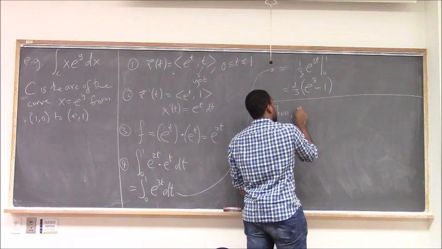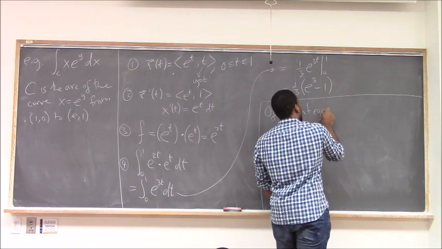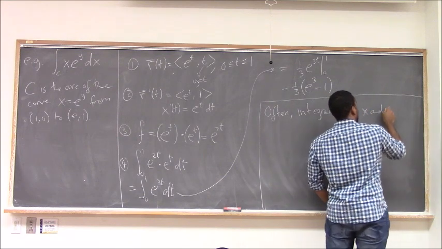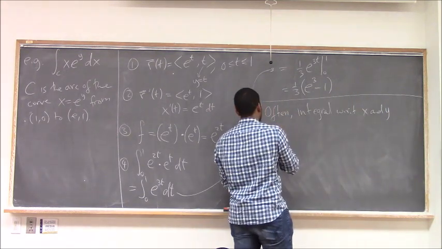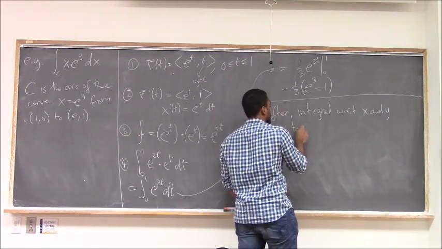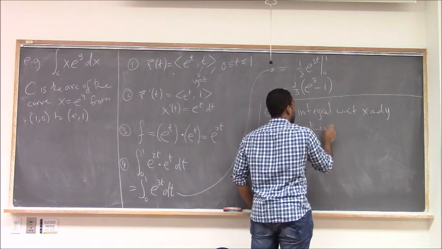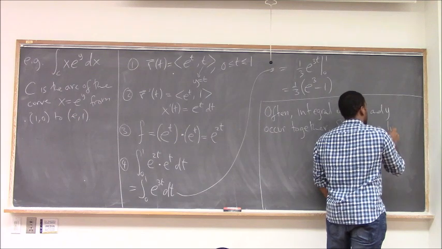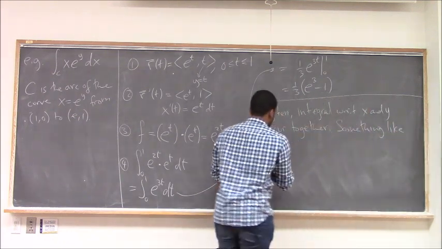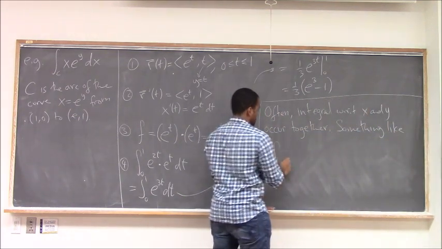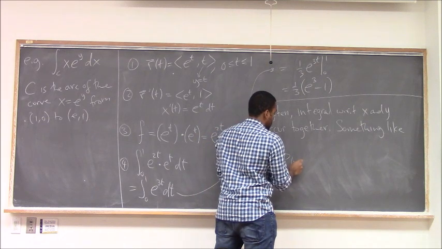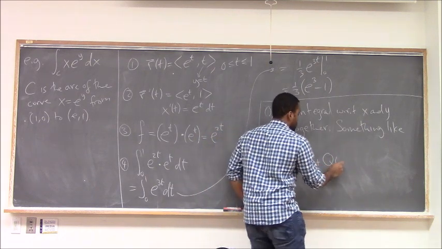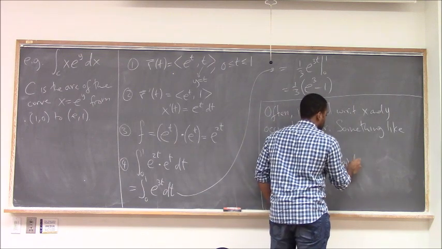Often, integrals with respect to x and y occur together. Something like the integral along C, you're given some function P of x, y, dx, plus some other function Q of x, y, dy.